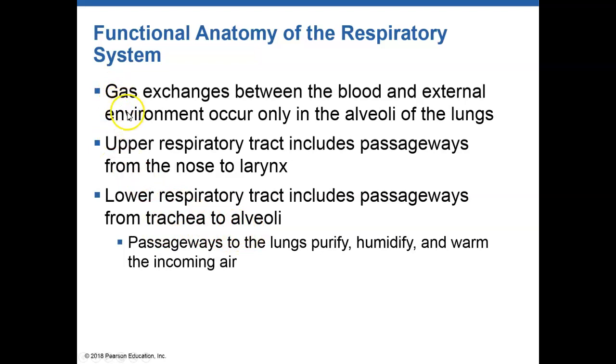The major function of the respiratory system is to bring in oxygen so that we can produce energy. So gas exchange occurs between the blood and the external environment at the alveoli of the lungs. And the passageways leading to the alveoli function to purify air, to humidify air, and to warm the air.